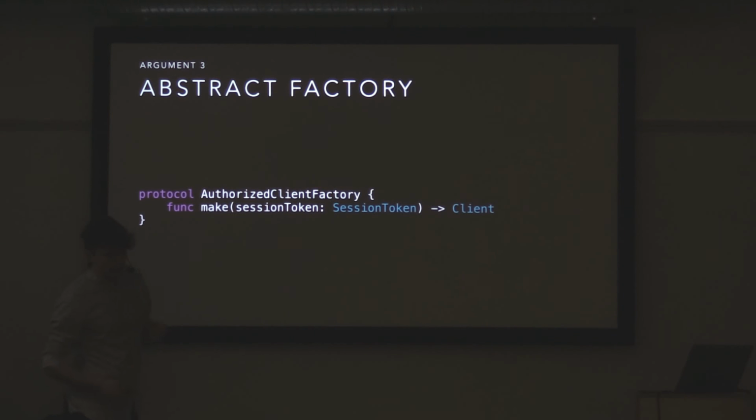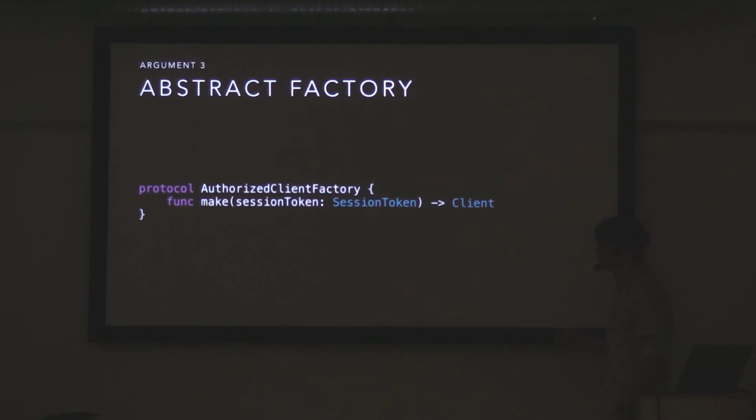And abstract factory looks really simple. Some kind of interface, protocol in Swift, which promises us, given the session token, instantiate the client. And the double abstraction comes from itself being an interface and returning an interface.